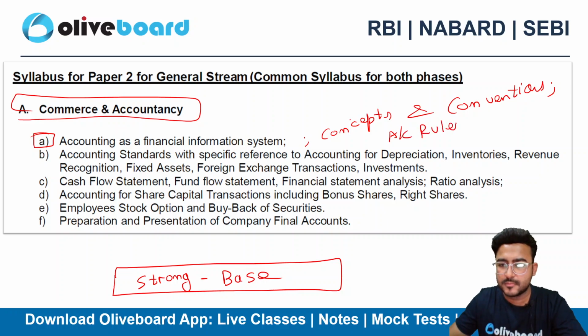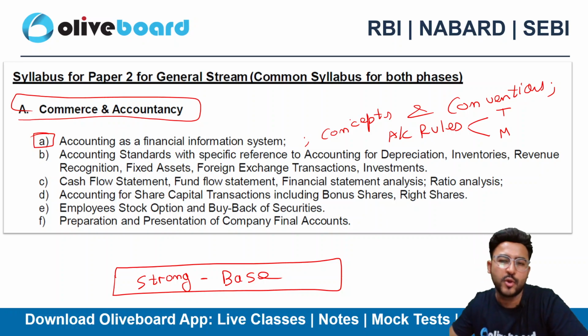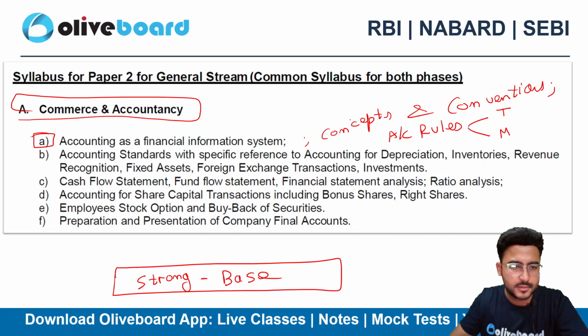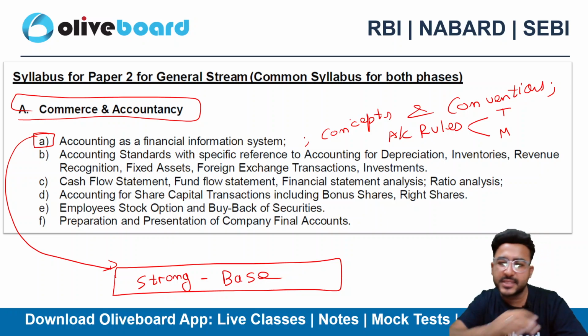Accounting rules, both your traditional and modern, right? Methods of doing accounting, accrual basis, cash basis, things like that. These things will form part of your basics, right? Build a strong base first.